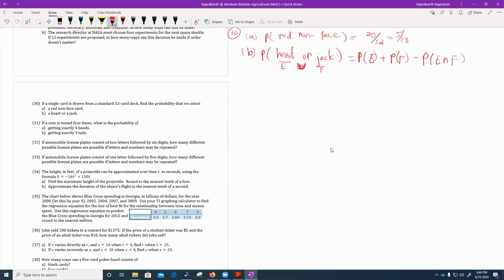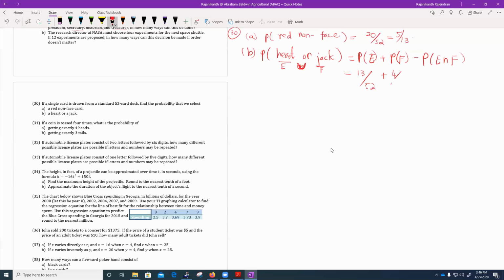So here event E is getting a heart and event F is getting a jack. Ask yourself, what is P(E), getting a heart? How many hearts are there in a card pack? There are 13 of them out of 52, right? Plus the event F, how many jacks? You have 4 of them.